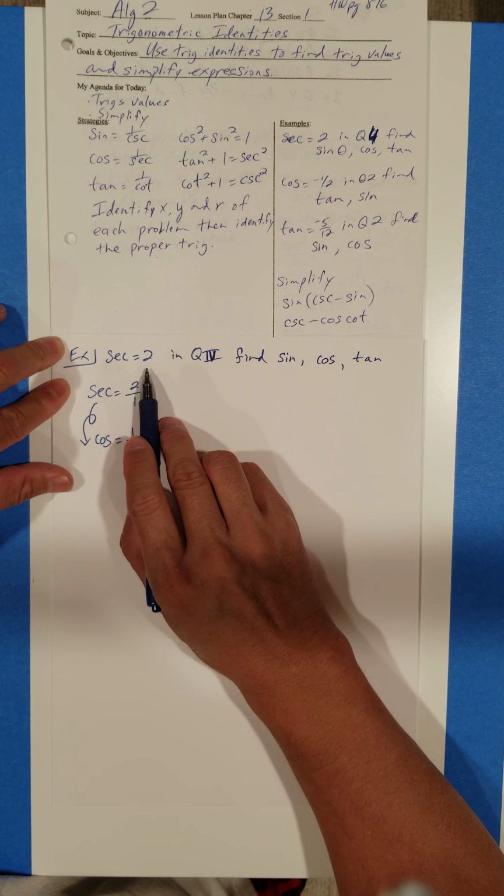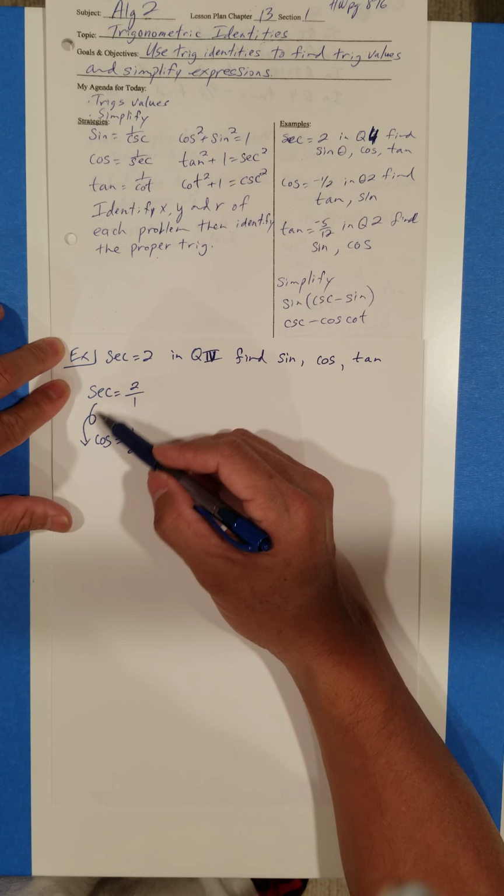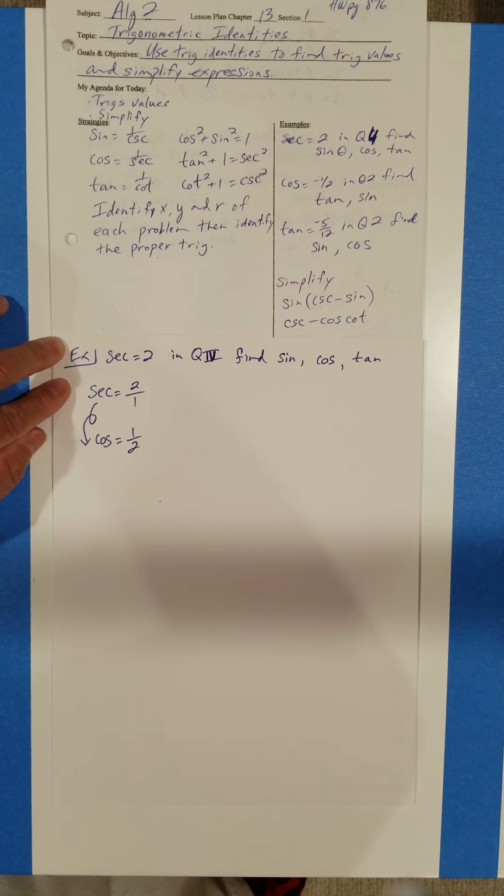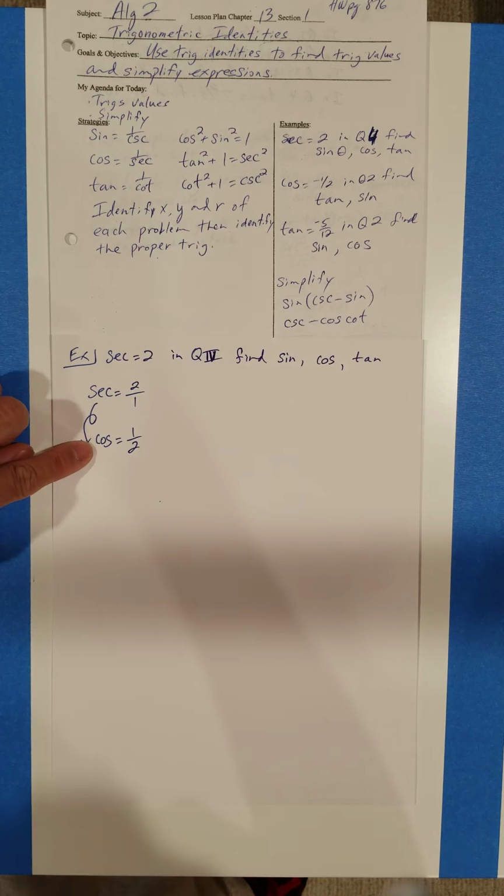So here we go. Secant is 2, but 2 is the same thing as 2 over 1 as a fraction, but we normally don't write the 1. Remember, when we flip secant, it becomes cosine. So when we take 2 over 1 and flip it, we get 1 over 2.